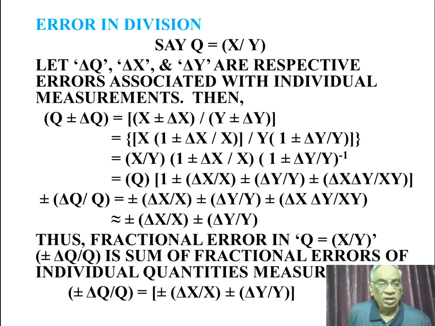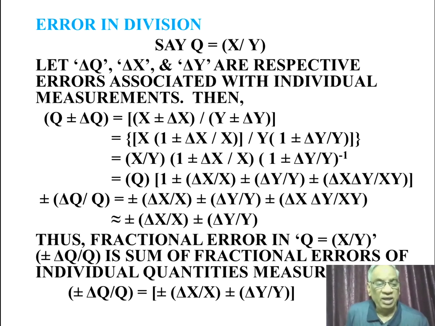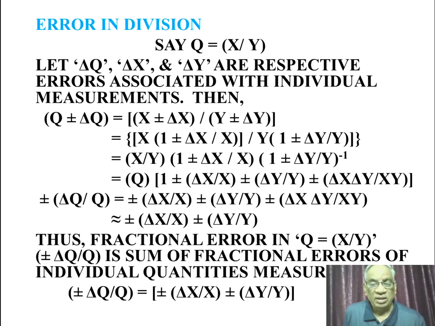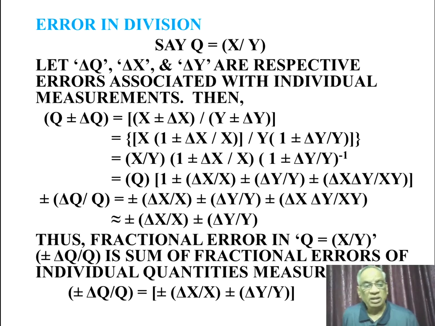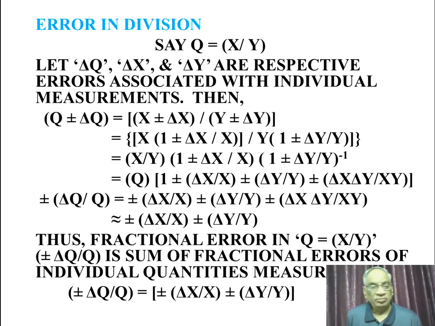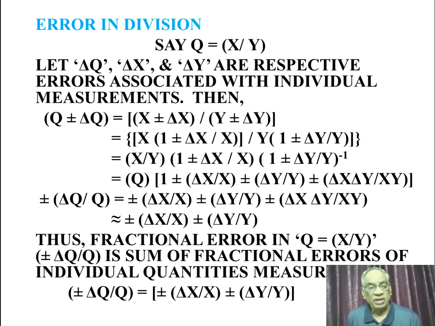If we simplify that term, finally we will arrive at the fractional error in the term q, that is plus minus delta q by q, which is again the summation of fractional errors of x and y, that is plus minus delta x by x plus minus delta y by y. Again, the plus minus signs refer to maximum and minimum fractional errors.